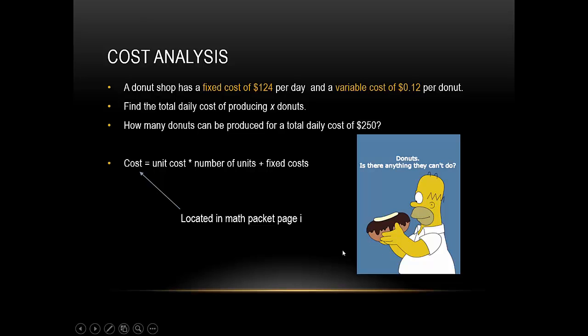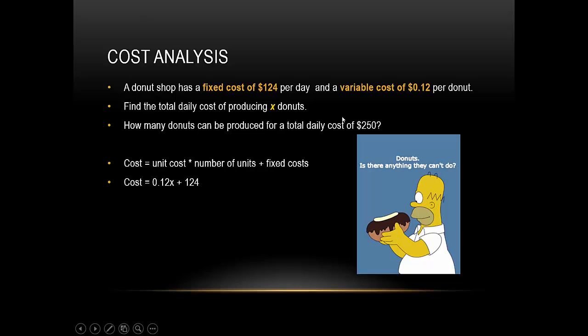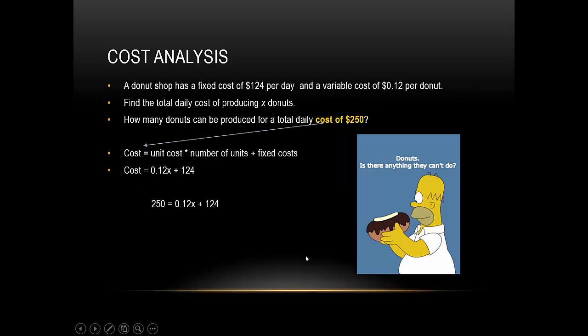And so then from here, I can start plugging things in. It says producing X donuts, so I let X equal my variable. And then it says how many donuts can be produced for a daily cost, so I know I'm going to plug $2.50 in for my cost.